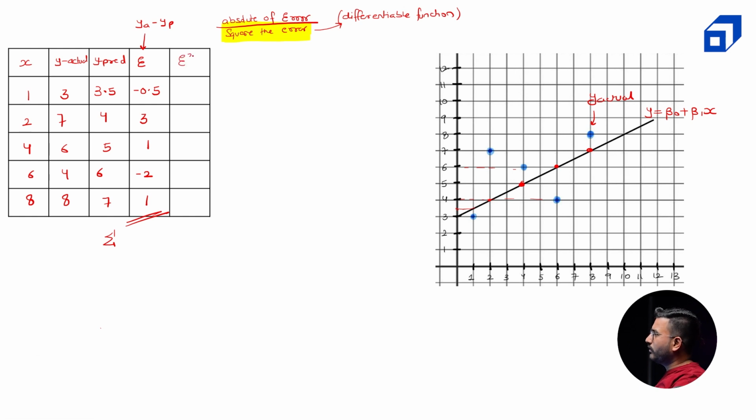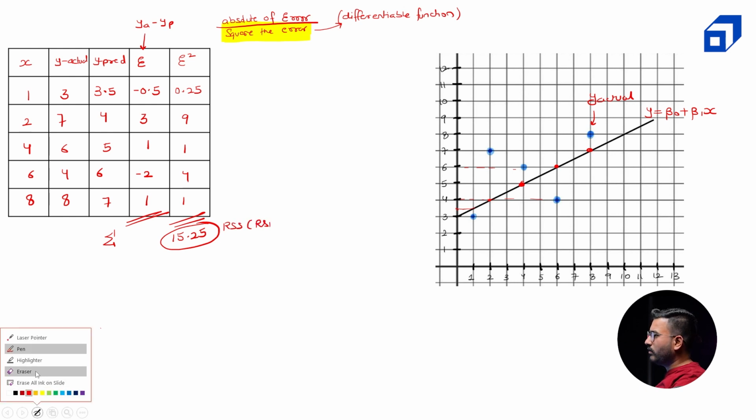So e square. Now this is going to be 0.25. This is going to be 9, 1, 4, 1. And now we can total it. So 9, 10, 15, 15.25. This value is known as RSS, which is known as residual sum of squares.